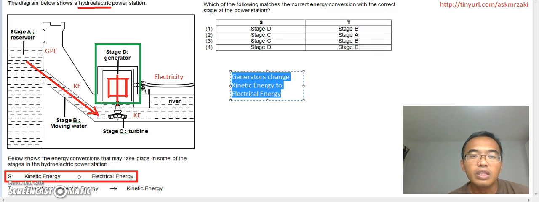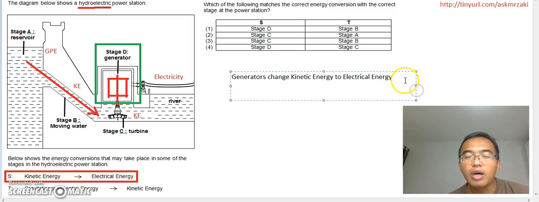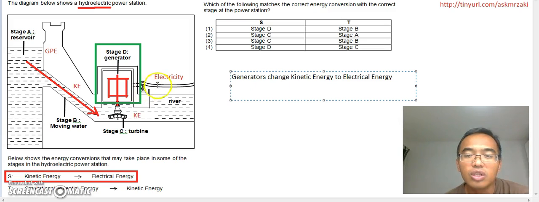Very important concept for you to remember. Motors are the other way around. Motors, okay, never mind, let's not get yourself confused. So generators change kinetic energy to electrical energy. So the answer here is stage D.